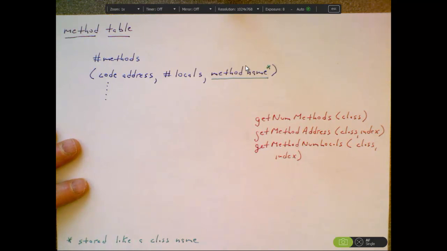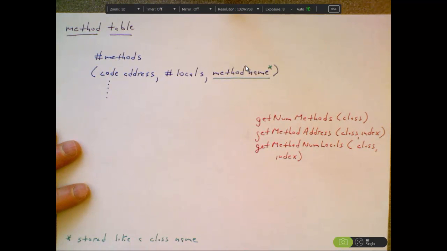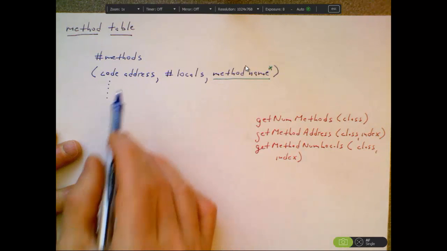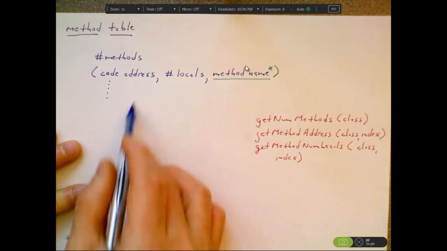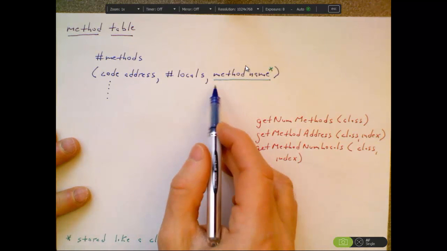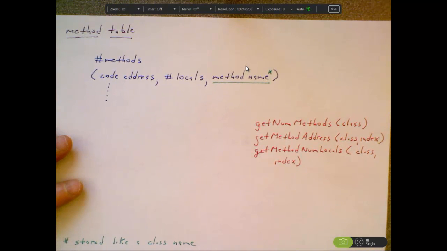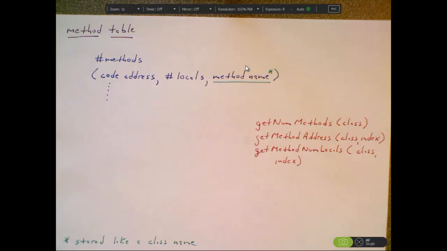One ASCII character per word with a 0 word on the end to terminate the name string. So again, jumping from one method table entry to another, you're going to have to actually skip over these strings.